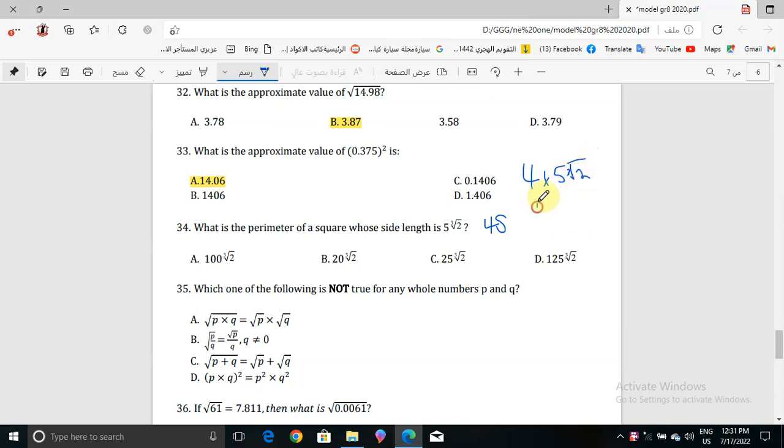So that means 20 the cube root of 2. So the correct answer for question number 34 will be choice B.